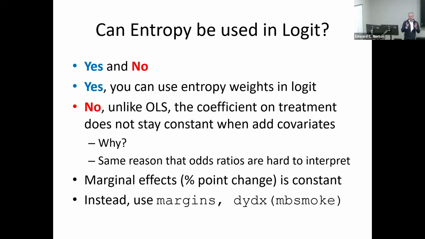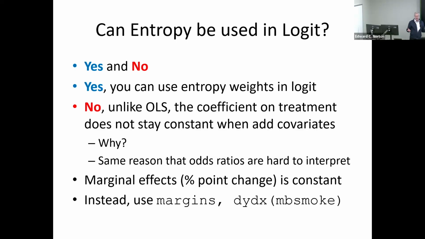Next year, if you want, I can talk about logit and odds ratios and why you should never estimate or report odds ratios, because most people don't know what they actually mean. If you're very familiar with it, then entropy balance is just another way of reinforcing my point about odds ratios. When you add or subtract covariates that are not confounders in a logit, you will get different parameter estimates on treatment in the logit.